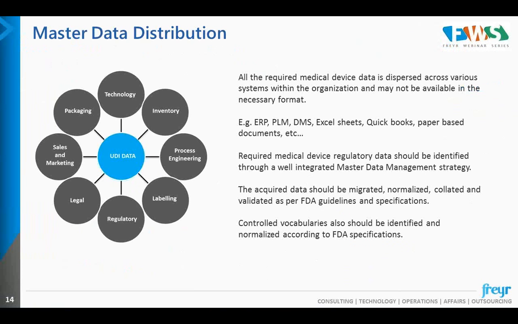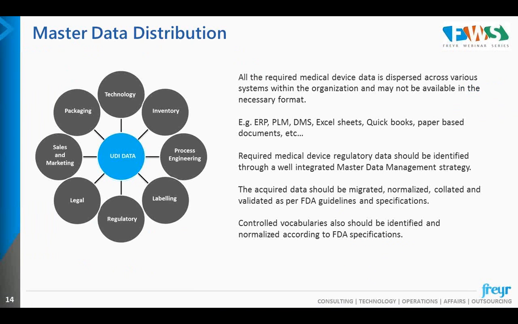And again, the file formats and databases go anywhere from a highly structured ERP or product lifecycle management, all the way down to Excel sheets and paper-based documents. All these bits of information, these various attributes, need to be identified and thought through, bringing together all the required attributes for a proper and validated submission to the UDI GUDID database.